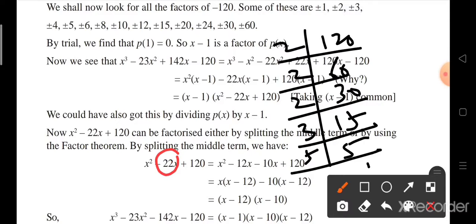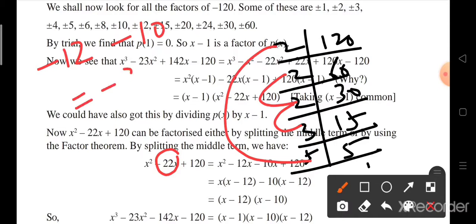So let us do that. 3 twos are 6, 6 twos are 12, 12 and 5 twos are 10. So minus 12 and minus 10 become minus 22, and when we multiply them, minus 12 into minus 10, we will get plus 120.